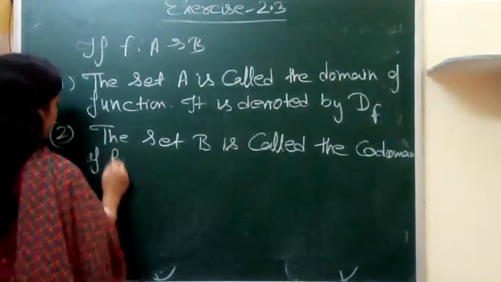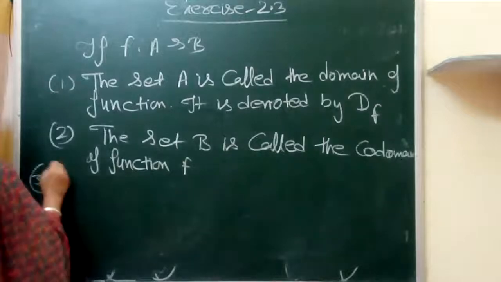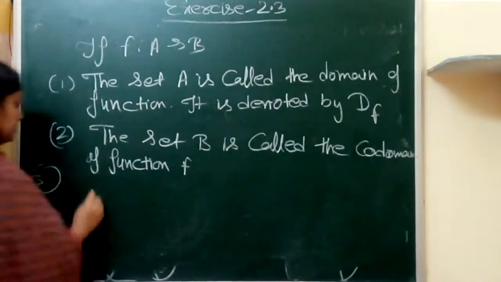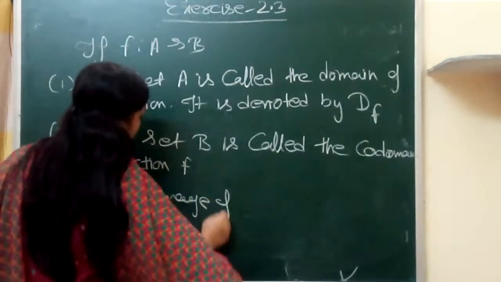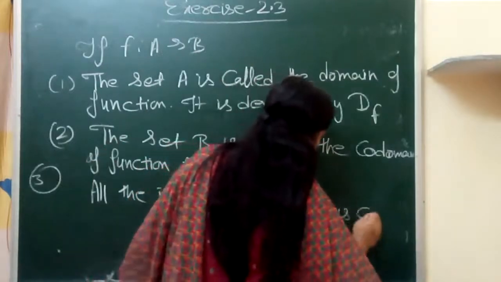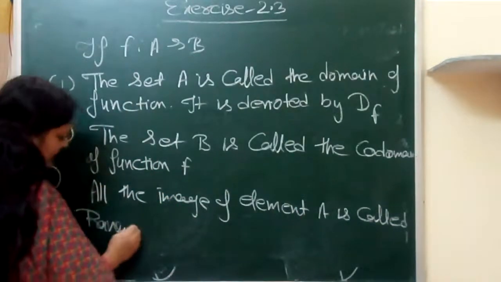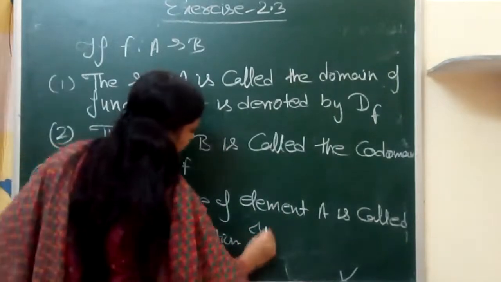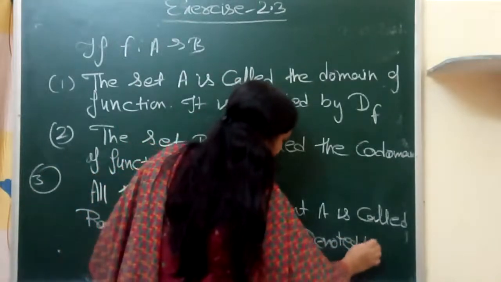Range means all the images of the elements of A is called the range of the function, and it is denoted by R of f. This is the domain, codomain and range.